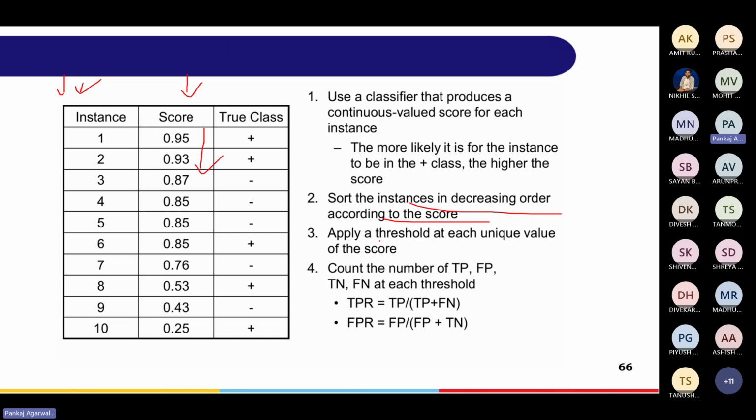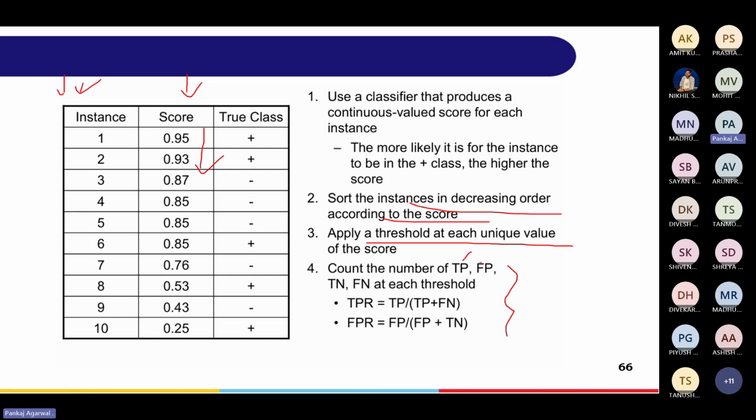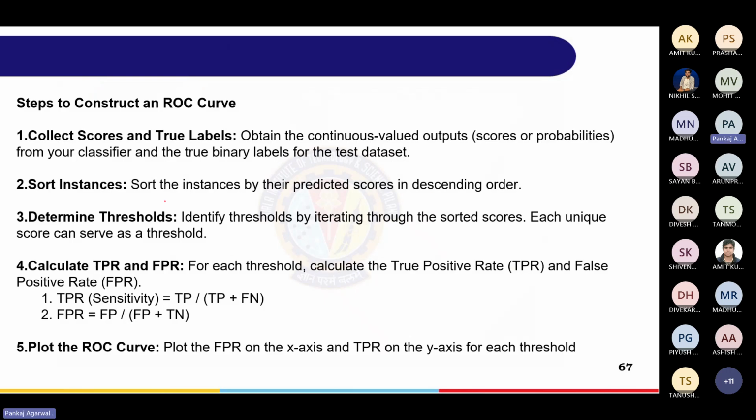Then you apply a threshold at each unique value of the score, and based on that you would be counting the numbers of all these four parameters. You got this? Yes, sir. Okay, this is the same algorithm that I'm using.